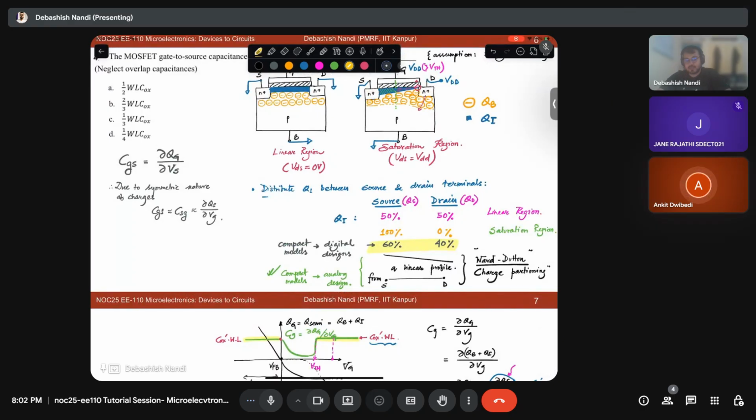But I have, sir, one question. Yeah. Cox we generally represent is the capacitance per unit area, right? So if we are multiplying with WL, so why we are still using the Cox dash nomenclature? Cox dash in my notation it is epsilon ox by Tox.